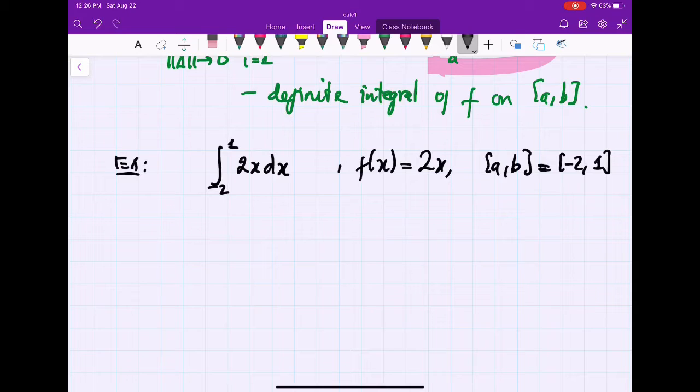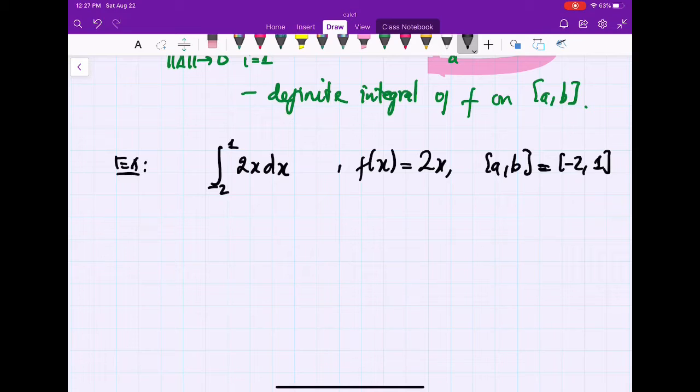We did a lot of problems like this in the last video. So we need to make the Riemann sum. It turns out that you just need to consider the case when subintervals have the same width. Does that make sense? And then, if the limit exists, that is your definite integral.